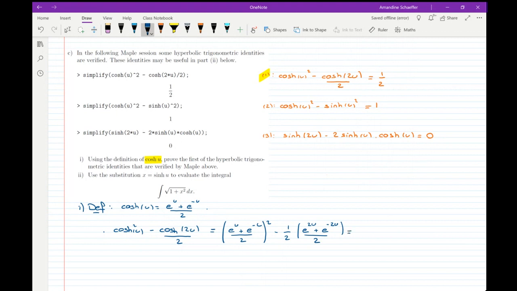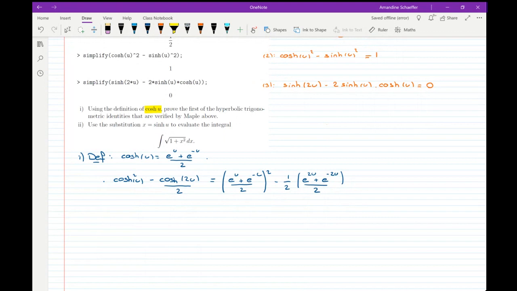I'm going to get the 1/4 there, so that's 1/2 squared. And then you just expand the square, you get exponential u squared, which is exponential 2u, plus 2 exponential u times exponential minus u, plus exponential minus u squared, which is exponential minus 2u.